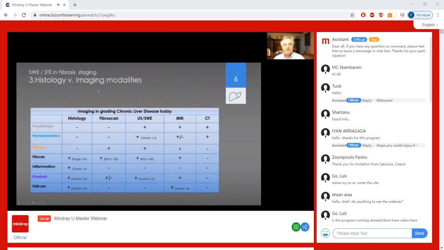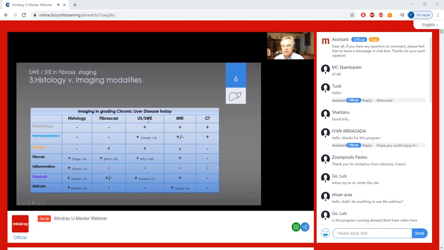Histology versus imaging modality. Of course, histology is the reference standard. FibroScan is the old elastography, performing well mainly for stiffness and fibrosis, but also for steatosis.